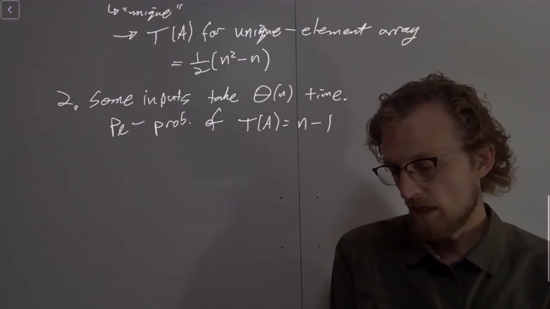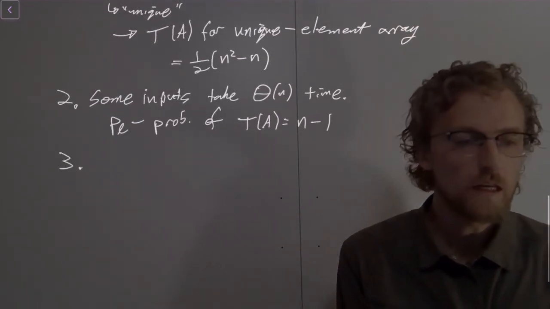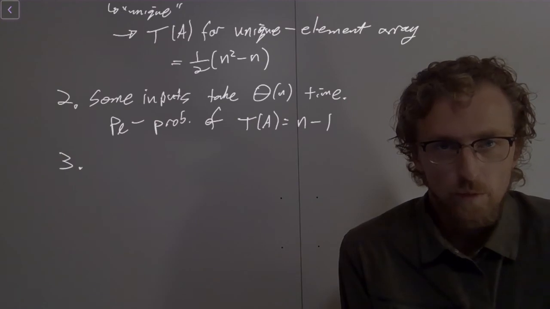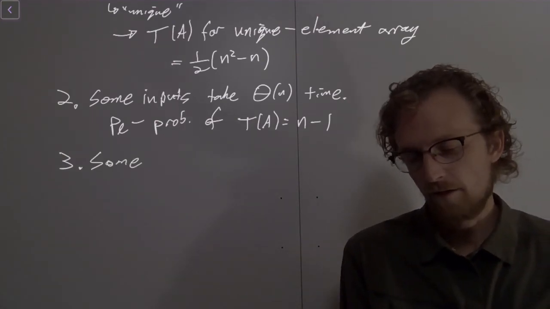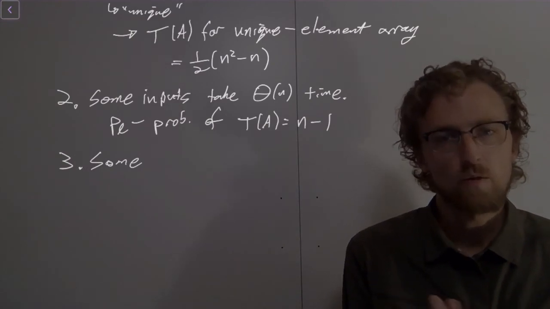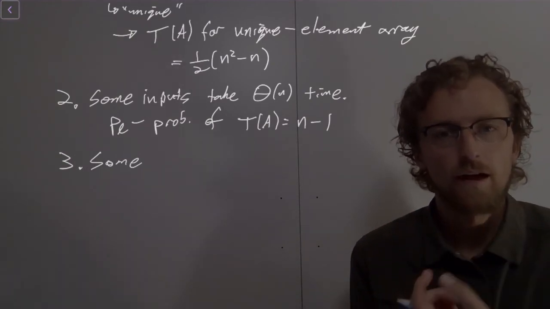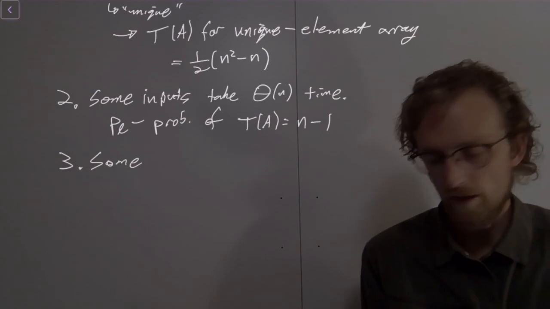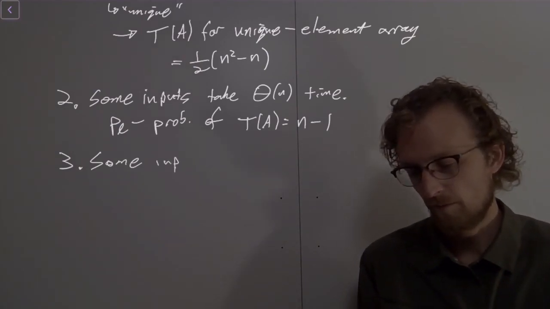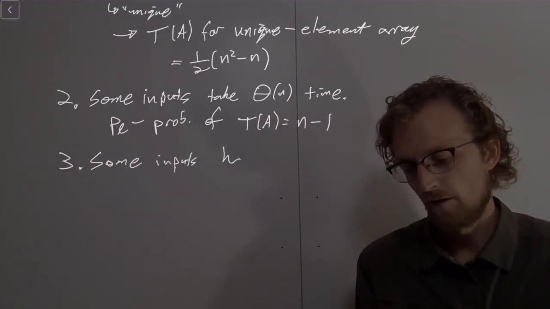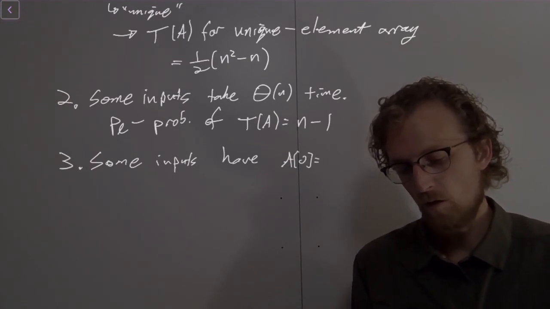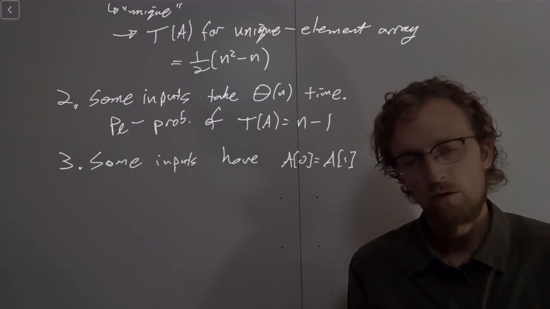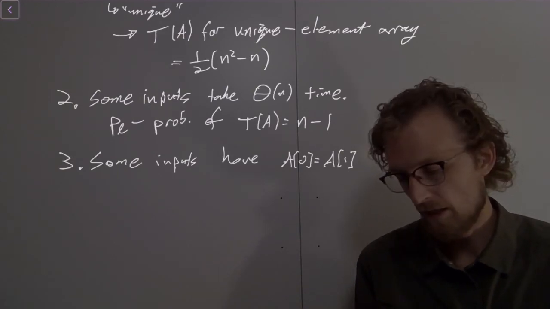And then PC: we'll have our third assumption be that some fraction of inputs have this constant time property, where basically the first two elements are equal. Some inputs have A0 equal to A1, which means they terminate in constant time.